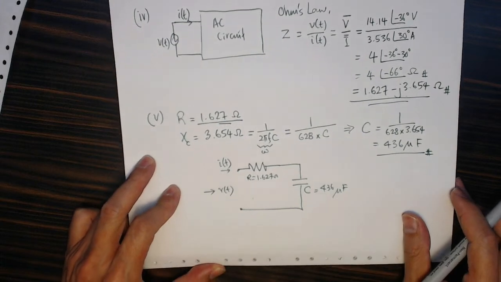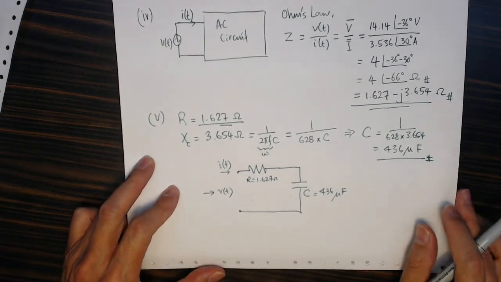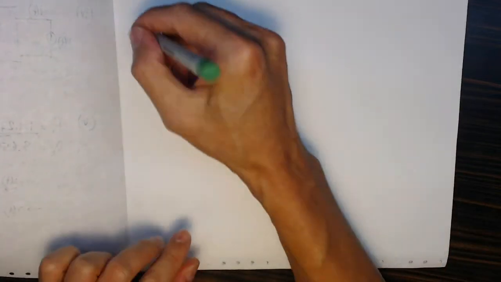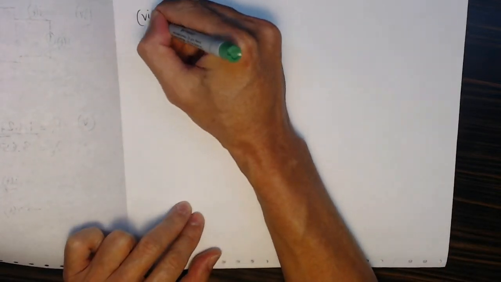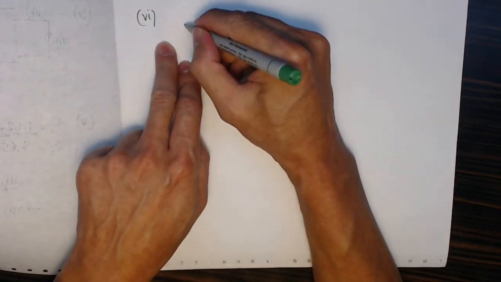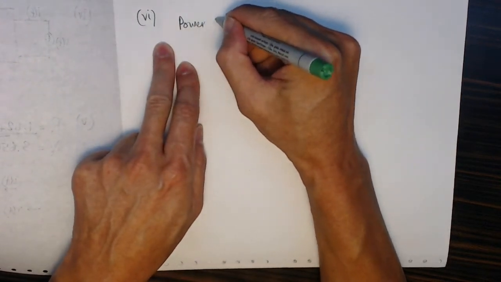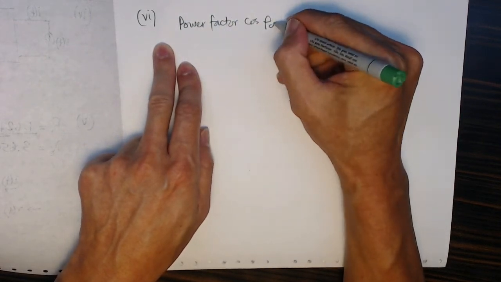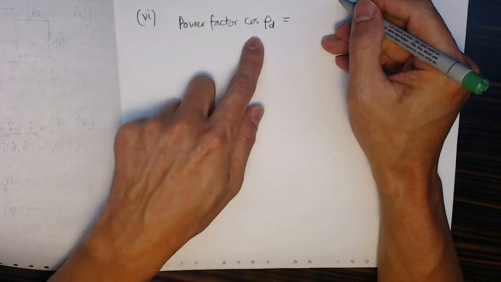Okay. We then go on to part 6. Part 6 requires us to calculate the power factor. Power factor is given by the cosine of the phase difference between the voltage and current.